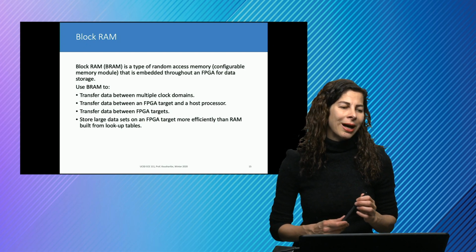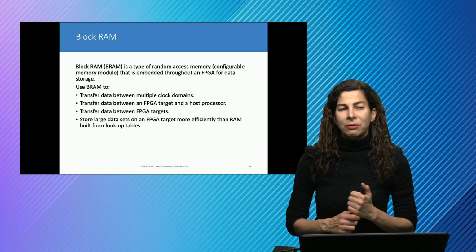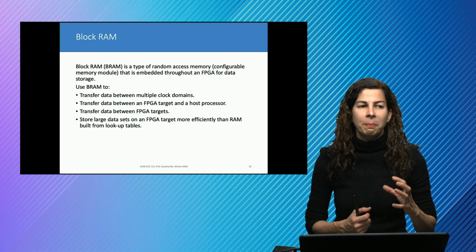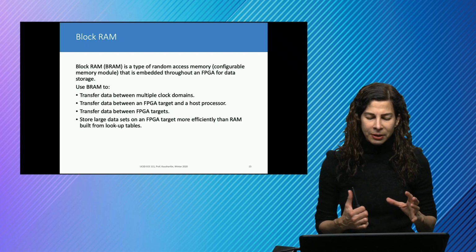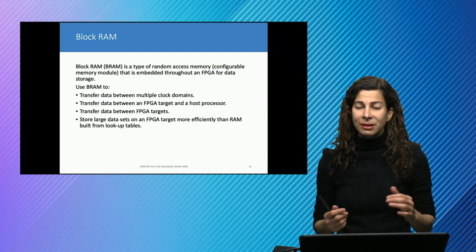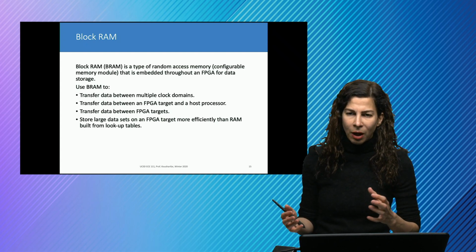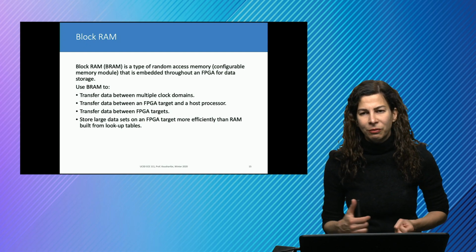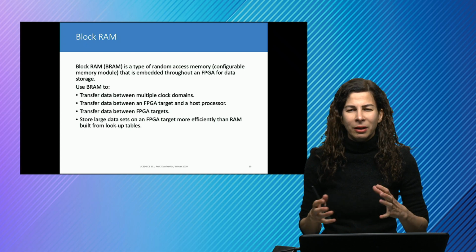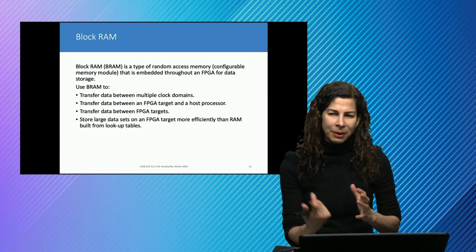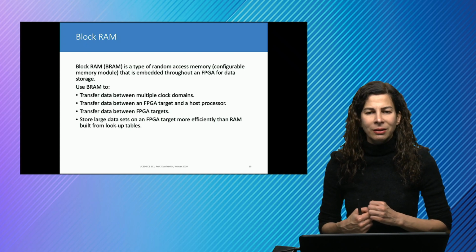But in order to have a little bit more memory in the FPGA, we typically have these random access memory elements, which are called BRAM inside the design. The BRAM is used to transfer data between different clock domains. Typically on one FPGA board, you may have not just one clock but various clocks, and for that we have phase lock loops that help us change the frequency of the clock system.